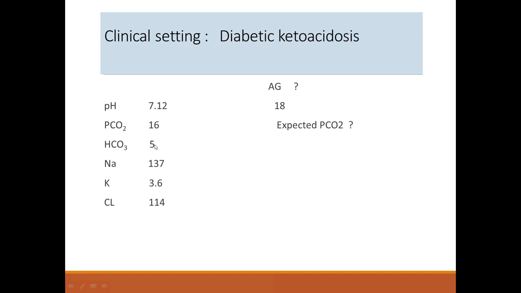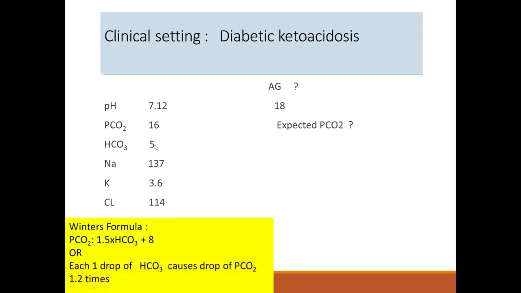We take the expected PCO2 by using the Winter formula, or I also often use this equation: 1 drop of bicarbonate causes a drop of PCO2 by 1.2 times.